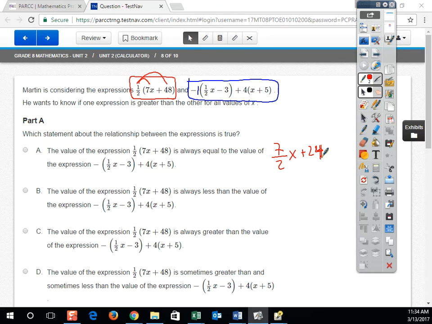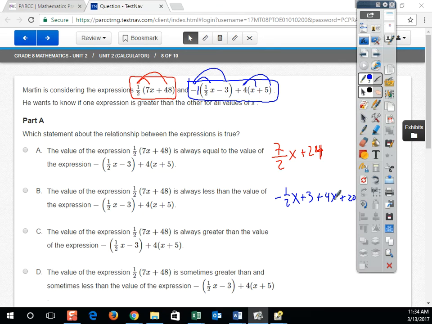For our other expression, we have negative 1 times 1/2 x, which is going to be equal to negative 1/2 x. Negative 1 times negative 3 is positive 3. 4 times x is positive 4x. 4 times 5 is 20. And let's combine the terms.